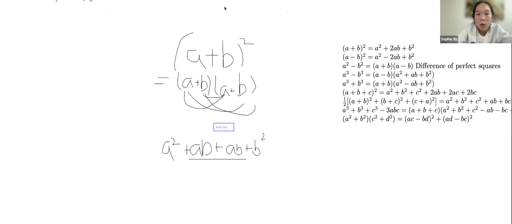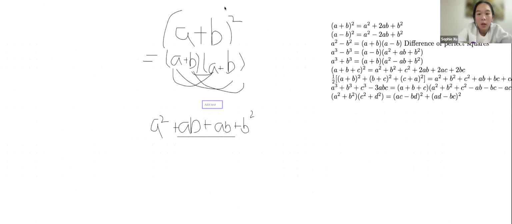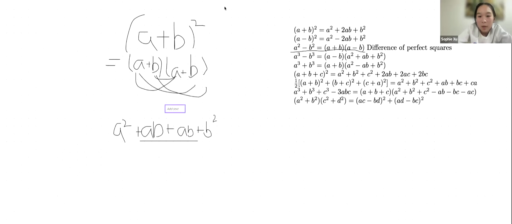The third one is used quite a lot, so you need to be quite familiar with this one. It's the difference of perfect squares. You do the same thing as before: you expand these, and you realize that the middle terms cancel out. Let me write this out. You get a squared plus ab minus ab minus b squared, right?